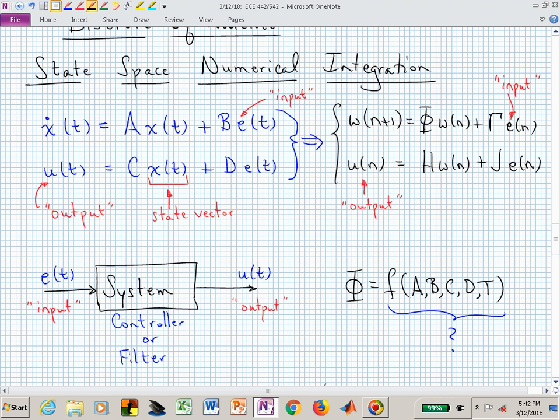We're trying to now find phi that might be a function of A, B, C, D, and capital T. What does that function look like? And it's going to look different for the forward, the backward, and the trapezoidal. Each of those will give rise to different formula expressions for phi, gamma, etc., H and J.